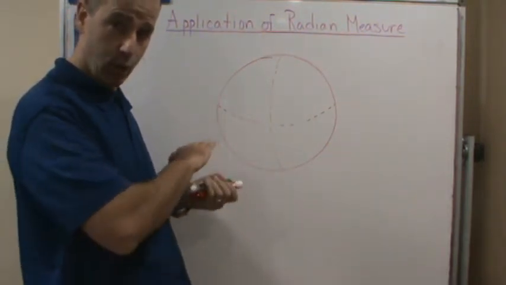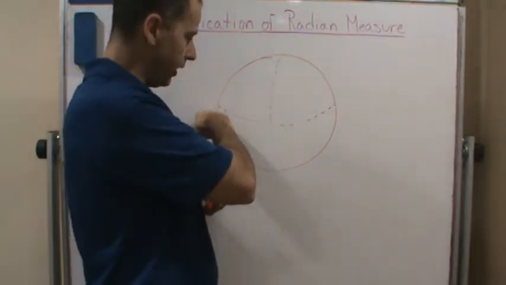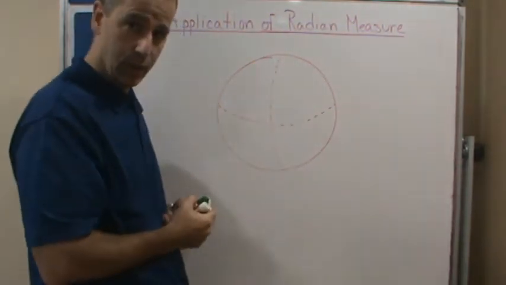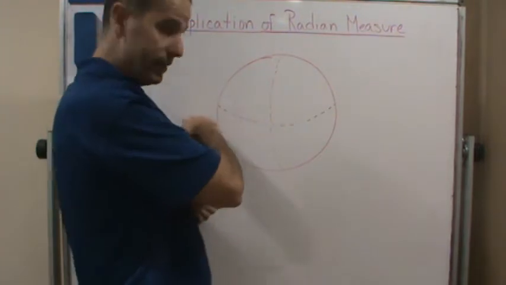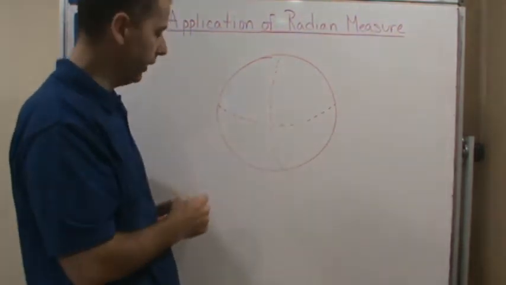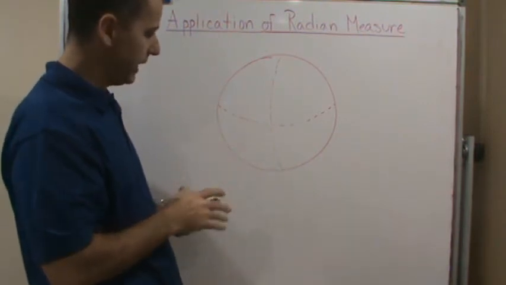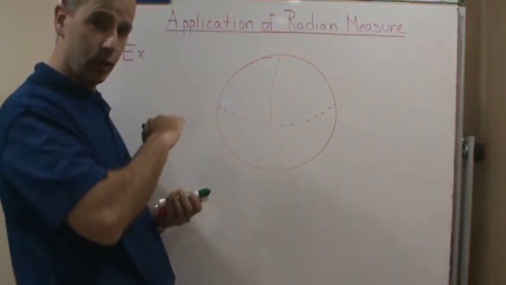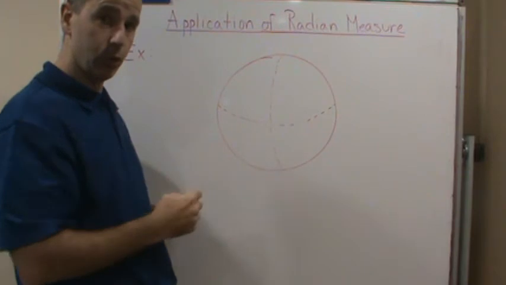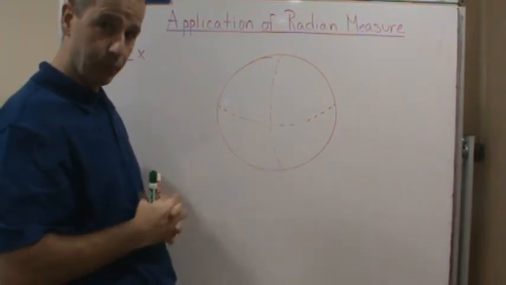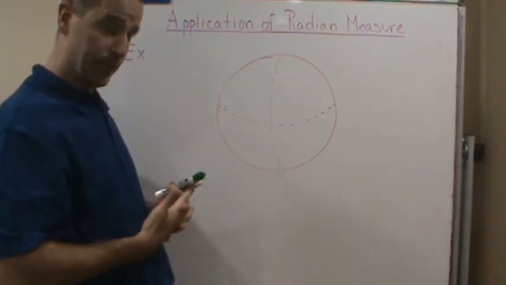If you take a cross section of a sphere and cut it in half right at the diameter, and you look down at it, that's a great circle. So the great circle is the circle that's created when you intersect a plane through the center of a sphere.